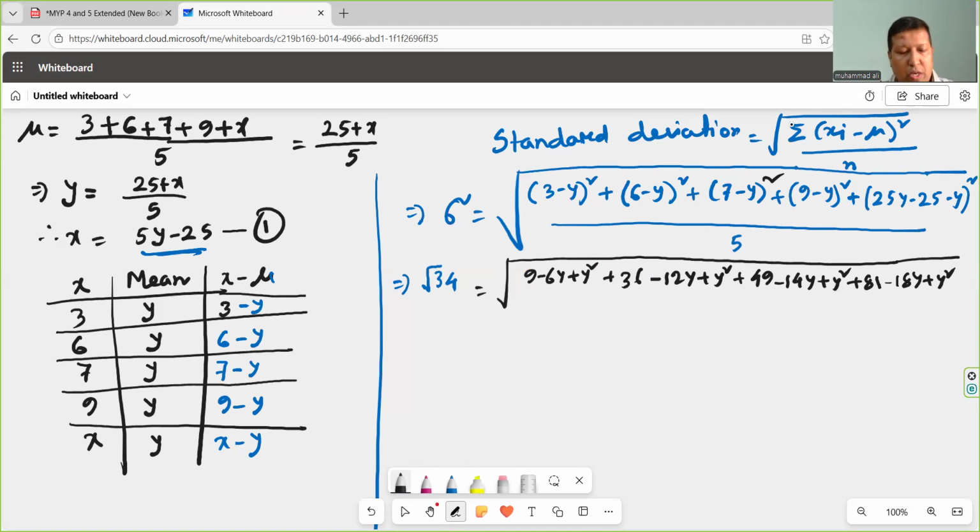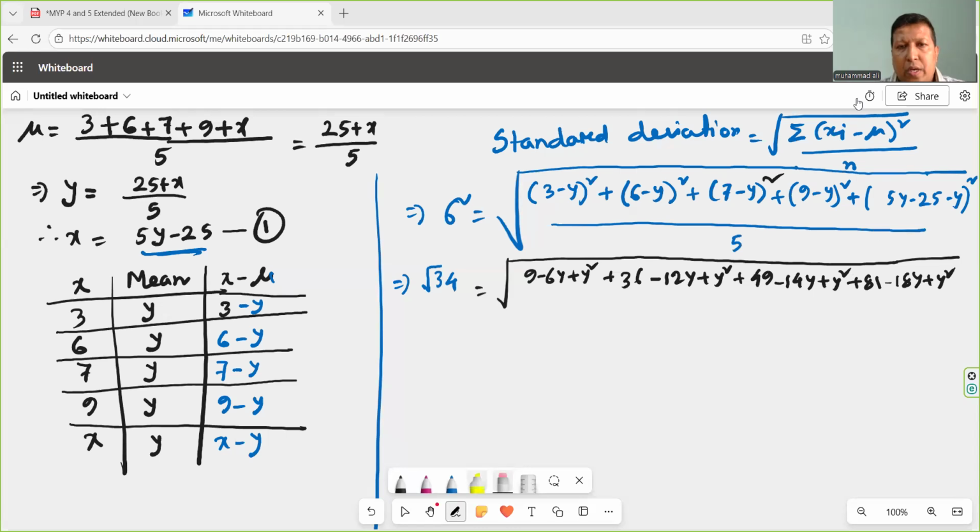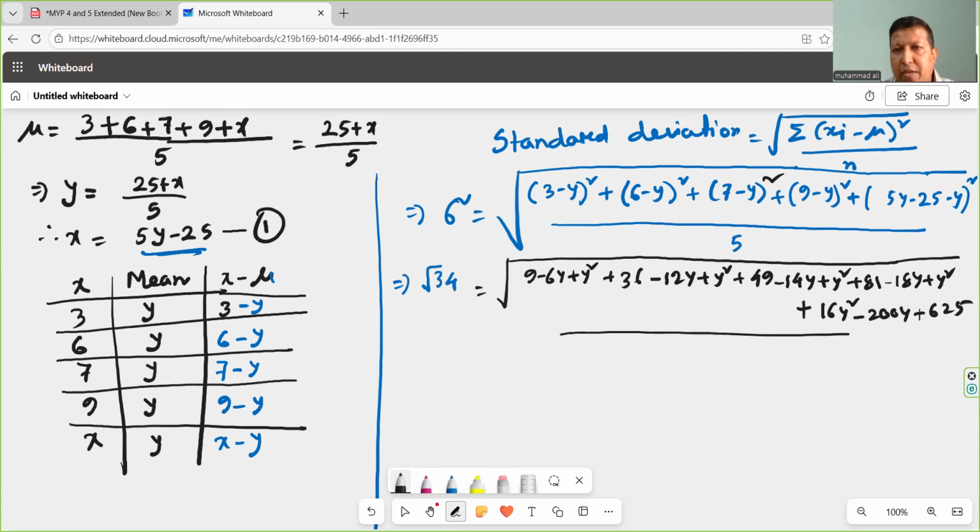Then 5y minus y is 4y, so it will be 4y square, means 16y square, minus 40y. Then the last term is (5y minus 25 minus y) square, so 16y square minus 200y plus 25 square, means 625, divided by 5, all under the root.